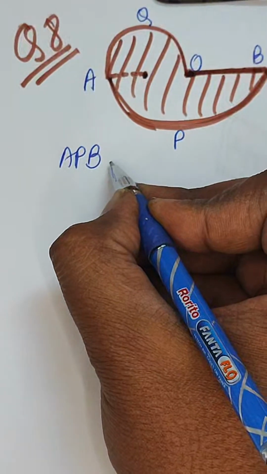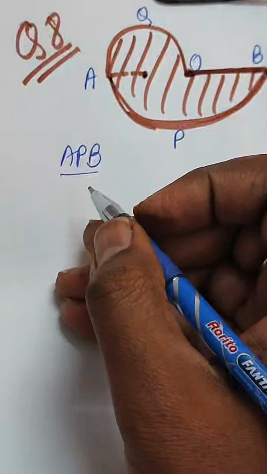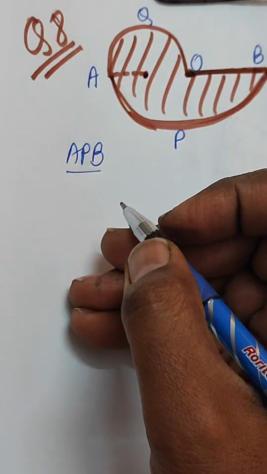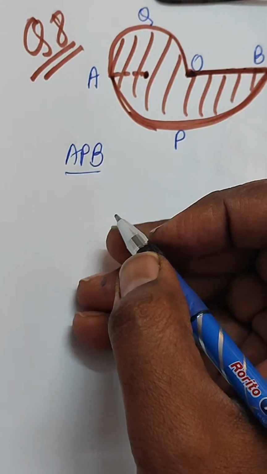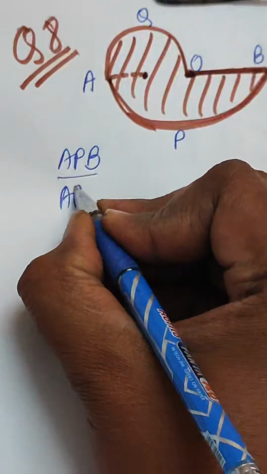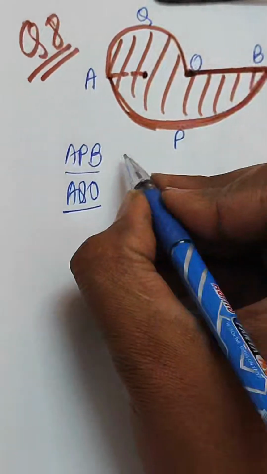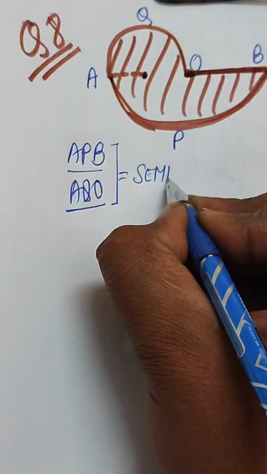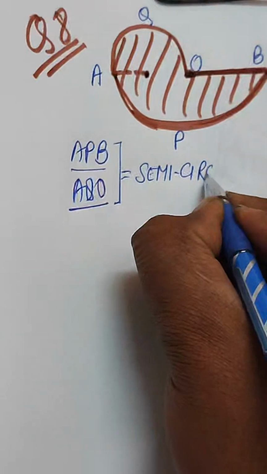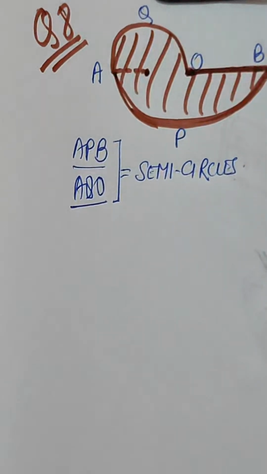APB and AQO, both of these are semicircles given to you in the question.